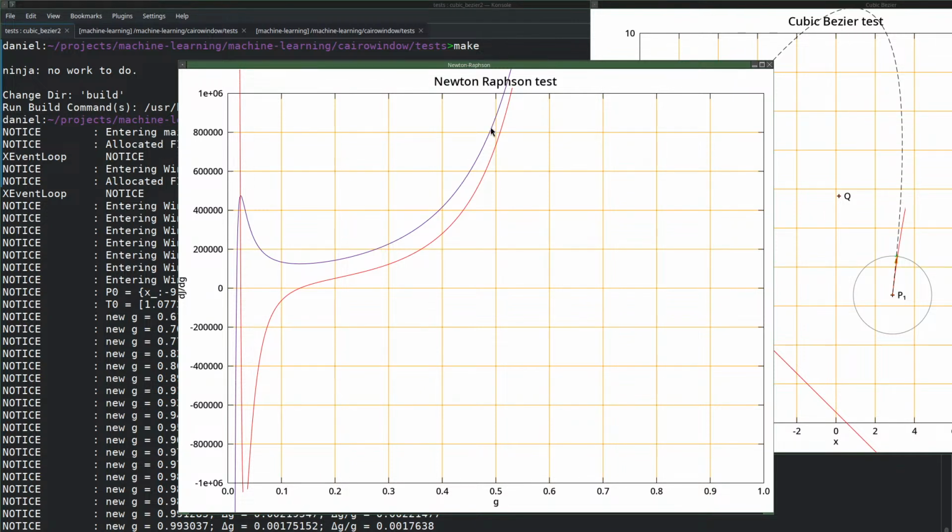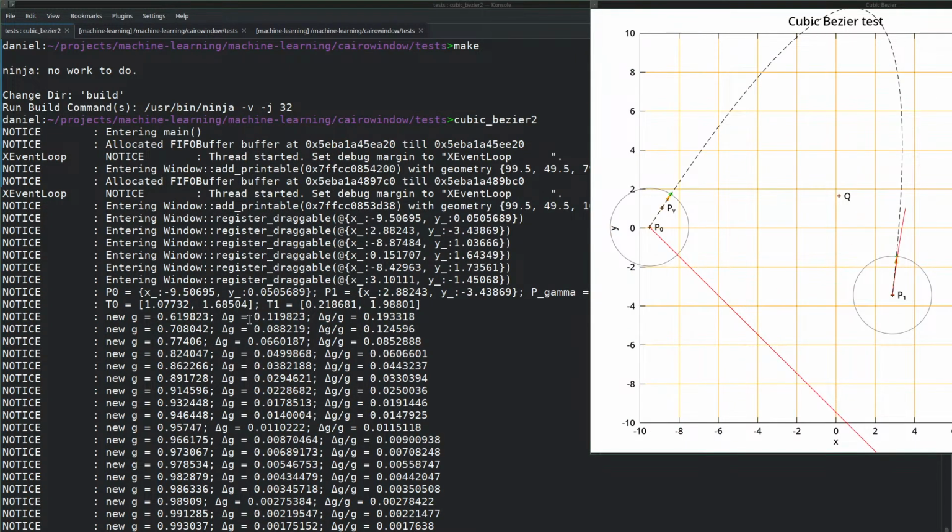Or the other way around. Anyway, it's positive, so we have to subtract it. And that should have given us 0.3 something. Instead, it's going up. I don't get this at all.